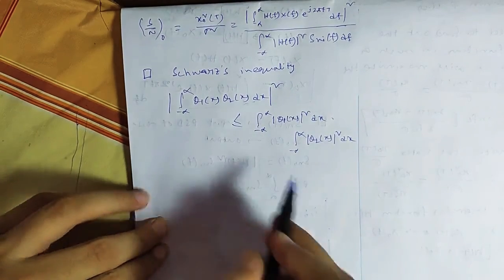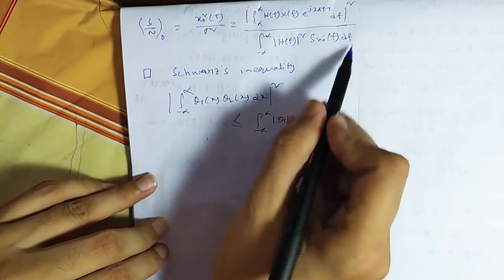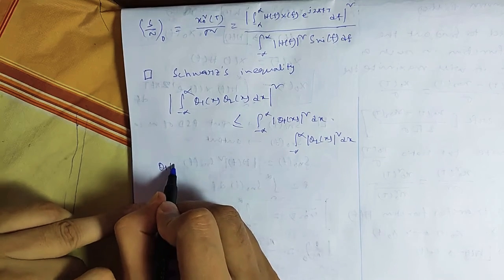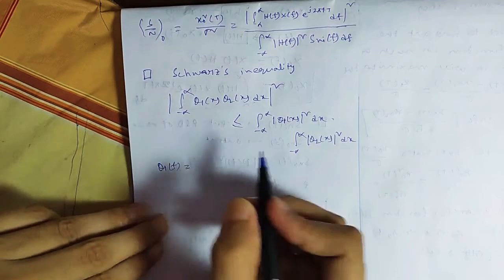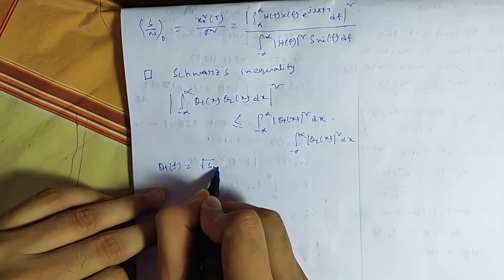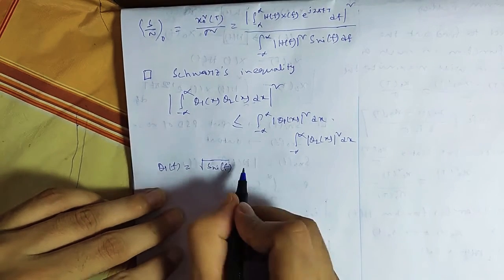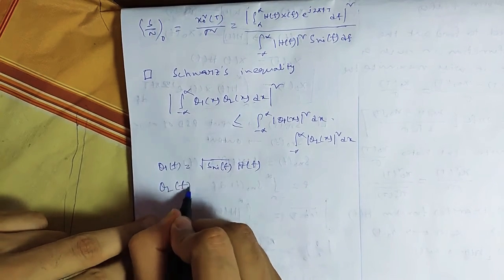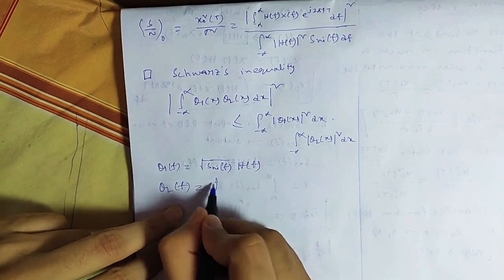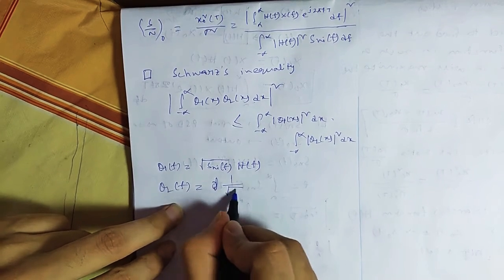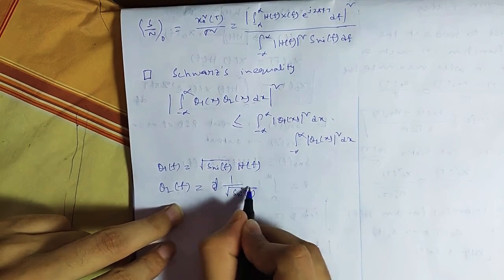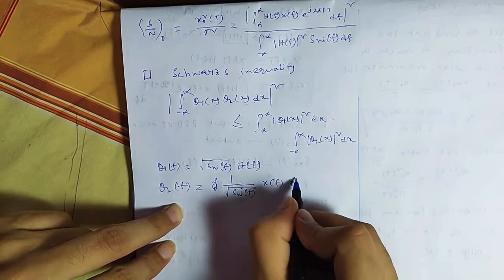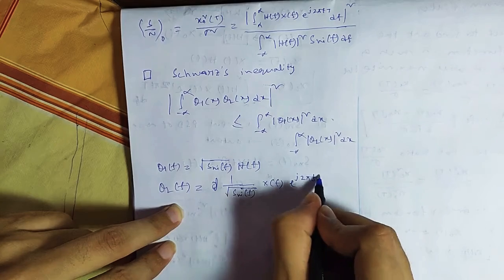So here to eliminate this one, we shall consider that theta 1(f) equals root over S_ni(f) H(f), and theta 2(f) equals 1 by root over S_ni(f) X(f) e to the power j2πft.